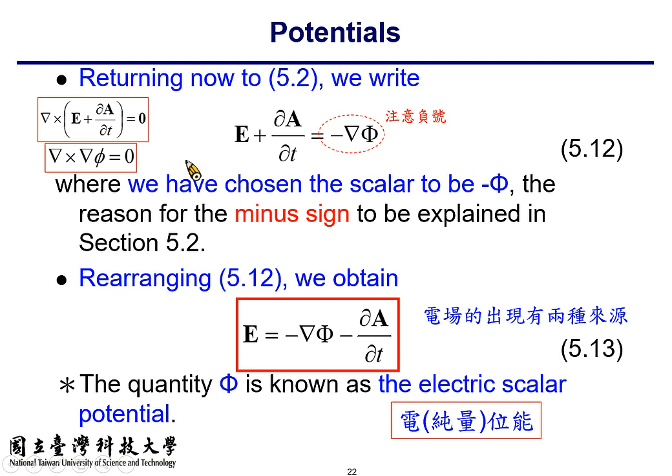One is through the spatial derivative of electrical scalar potential phi. Okay, so the official name of phi is electrical scalar potential.